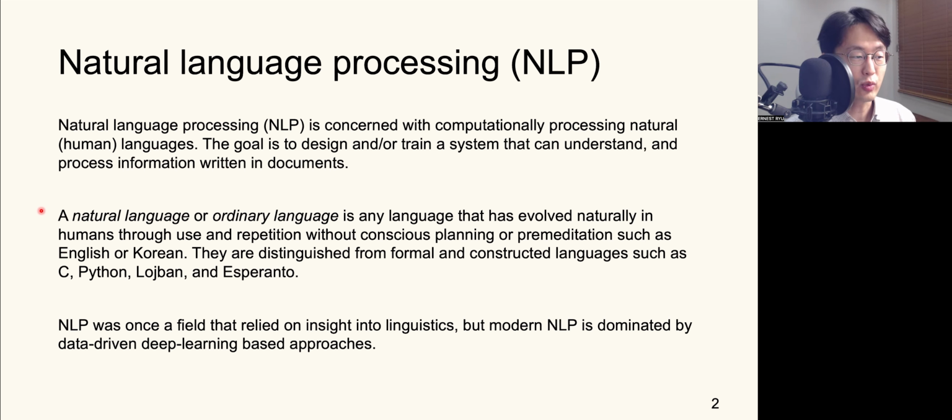Examples of natural language would include English or Korean. Natural languages are distinguished from formal and constructed languages such as C and Python, which are programming languages, and Lojban and Esperanto, which are designed as human languages.